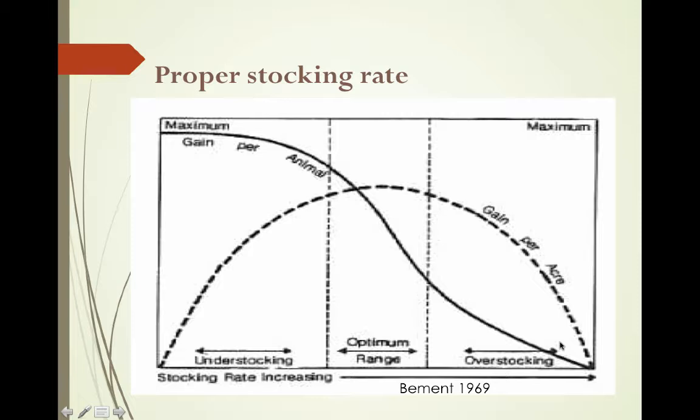This is because there's more competition for feed, and they can't get enough intake. Therefore, their growth is going to be stunted, and their gain is going to be a lot smaller than it would be if we were at an optimum range. So this is where we want to shoot for right here. That whole concept of balancing gain per animal and gain per acre is going to be satisfied by using a proper stocking rate.